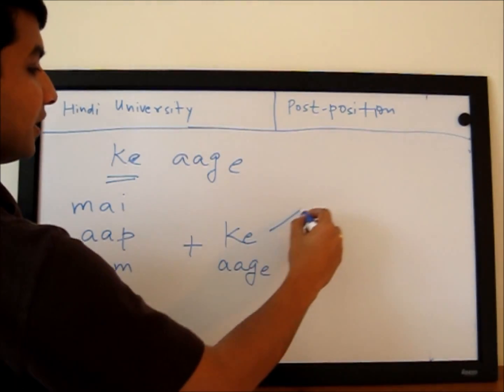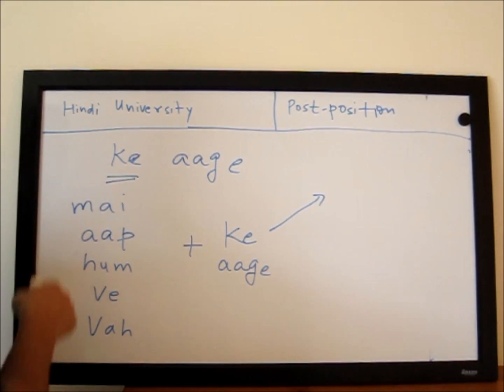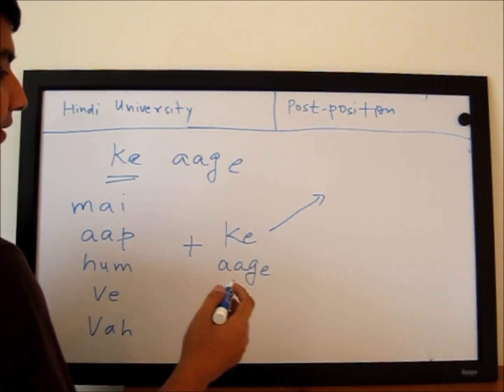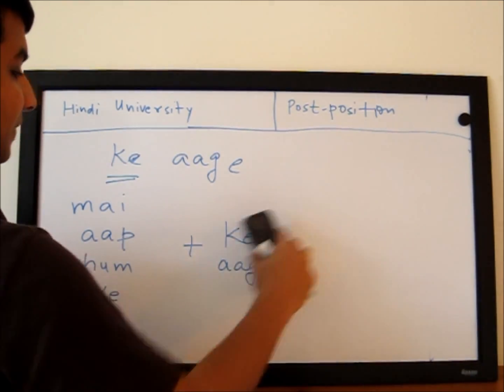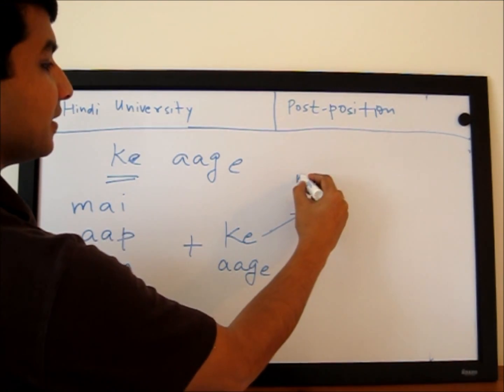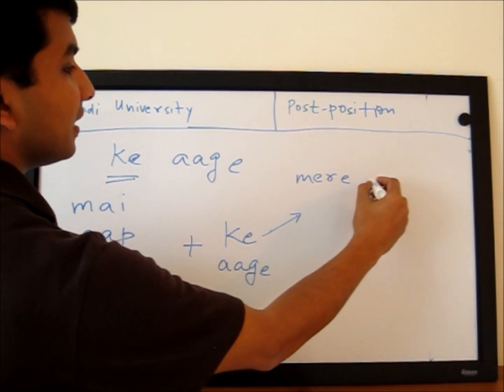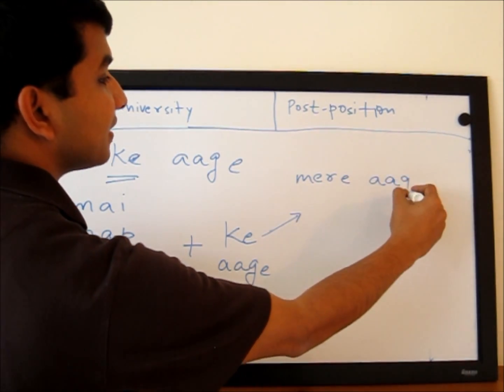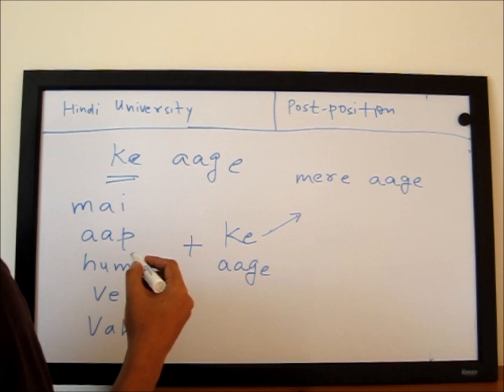Now the pronouns will be changed into an oblique case. When you use मैं with ke aage, it would be mere aage, ahead of me or in front of me.